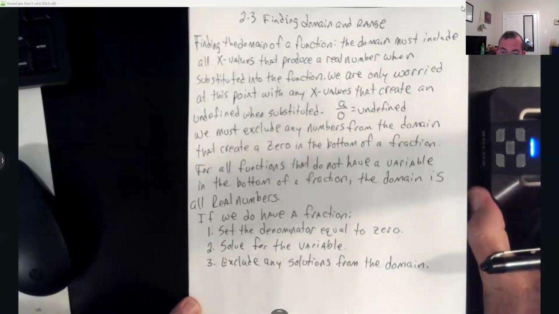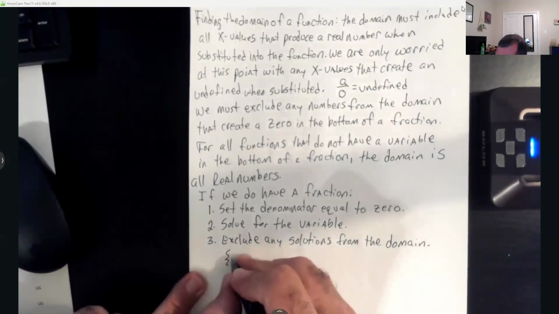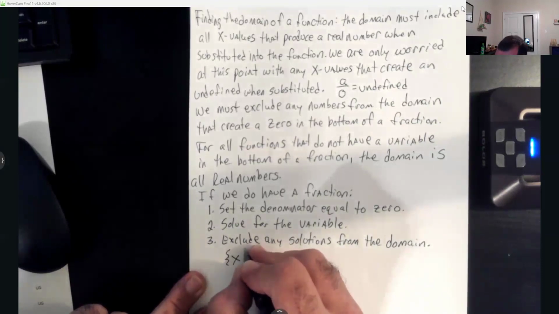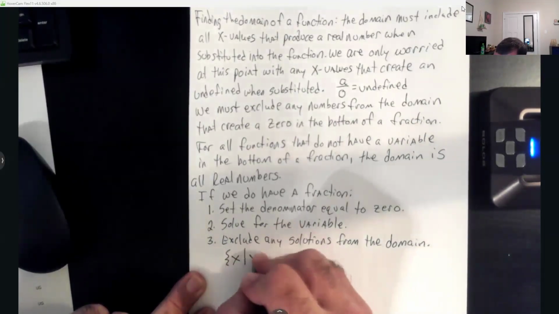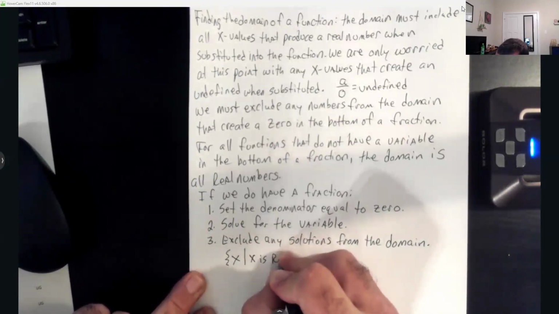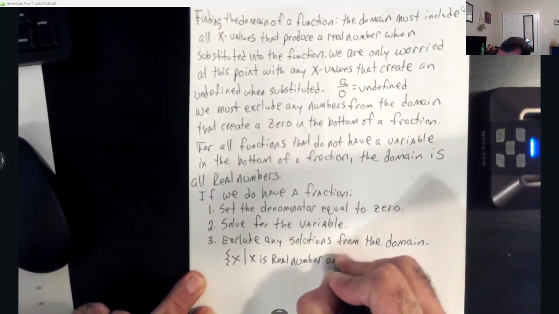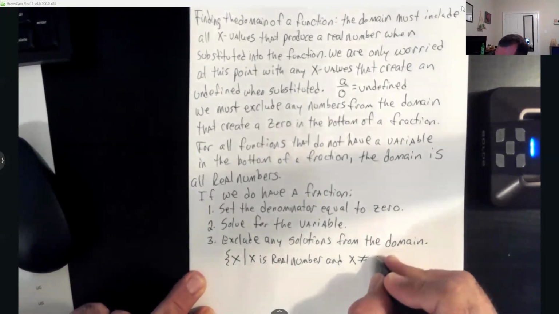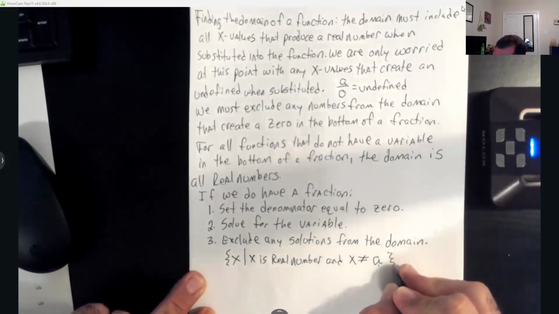Okay, so an example of that, we would have our parentheses, we would have our variable. So the variable is x, such that x is a real number, and x cannot equal whatever numbers we get for our solutions.